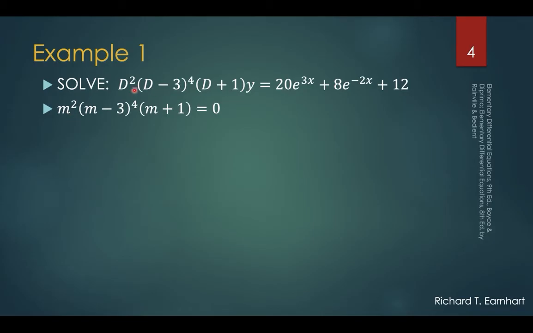So we get m squared, m minus 3 raised to the power 4, m plus 1, and then get rid of y, equals 0. So this is your auxiliary equation. And the roots are: you have two 0 roots, 3 which is 4 times since the power here is 4, and then m plus 1, so the root is negative 1.